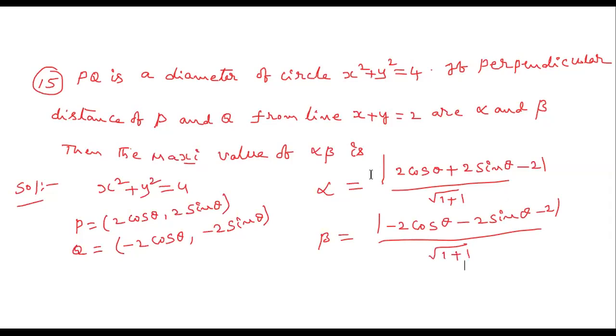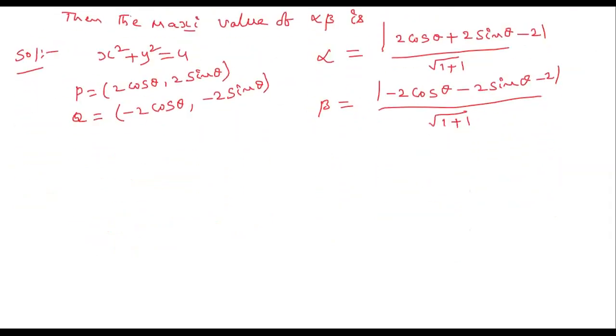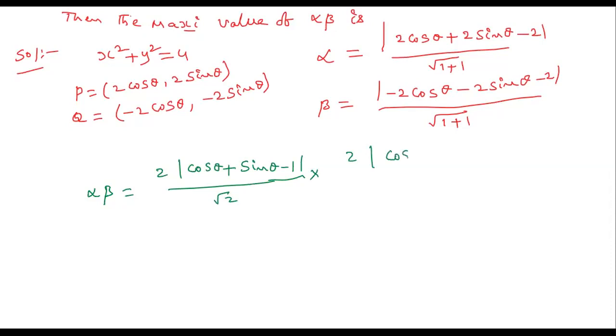Here they are asking the maximum value of alpha beta. So write here alpha beta. What happened? In the numerator, 2 common, remaining is cos theta plus sin theta minus 1 divided by root 2, into, observe that for beta also take 2 common, and the minus also, the modulus is there, now it's going to positive, cos theta plus sin theta plus 2 divided by root 2.